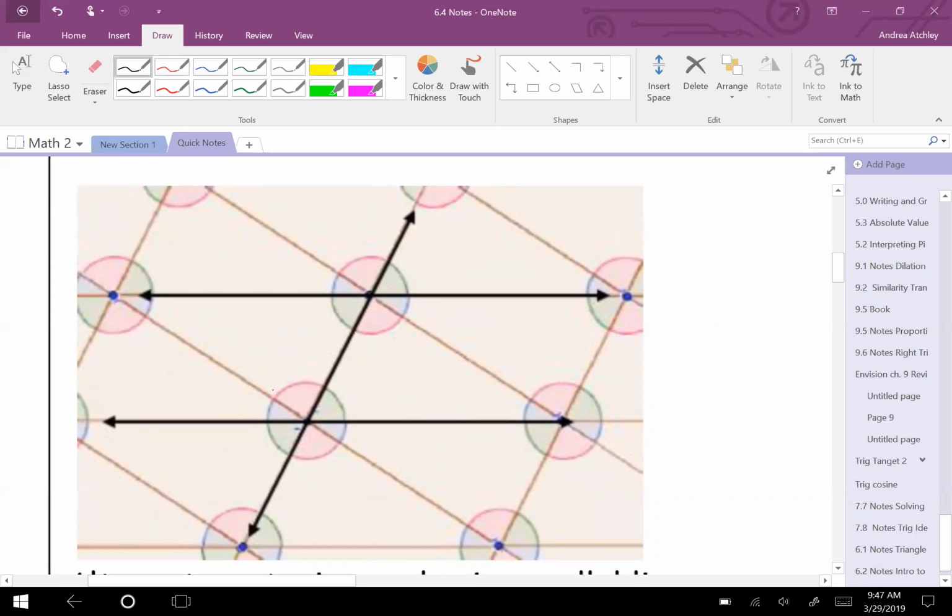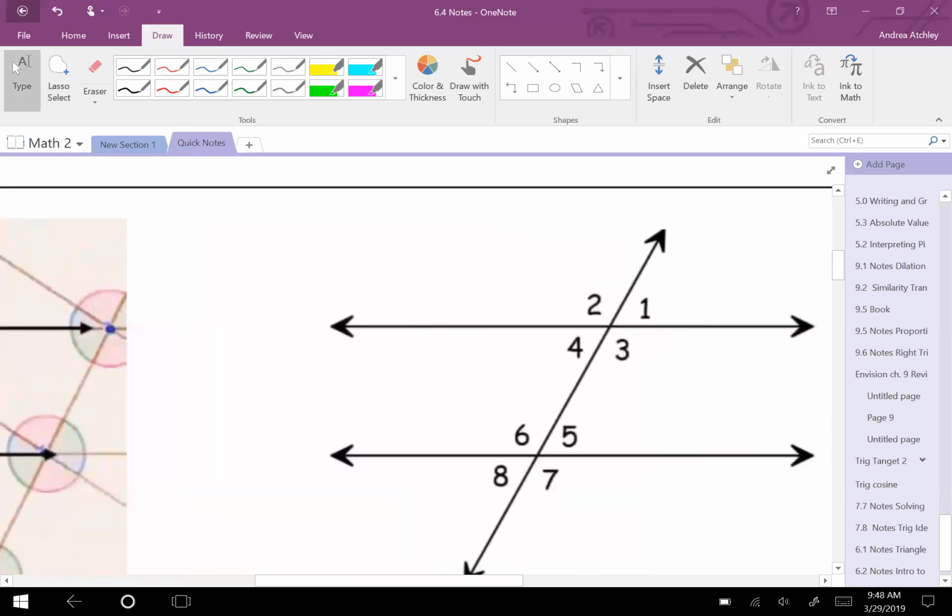This angle is congruent to this angle, slightly bigger. But it also means that this angle here is congruent to this angle because when I rotated it, it was the same angle. So in parallel lines, as a result, you can show lots of angles congruent.